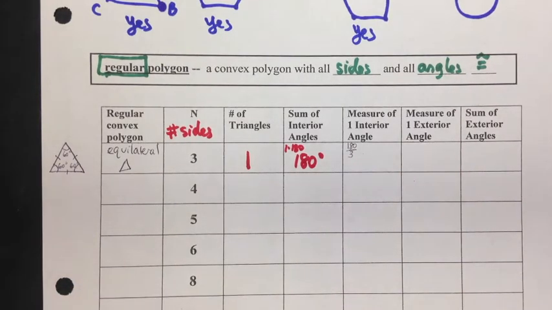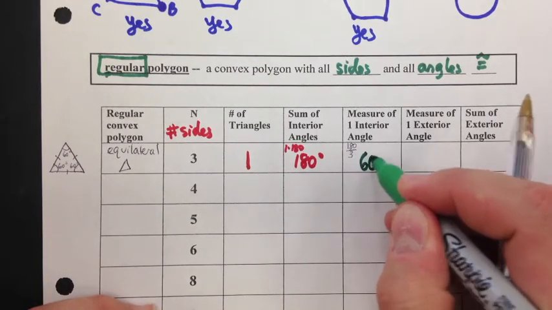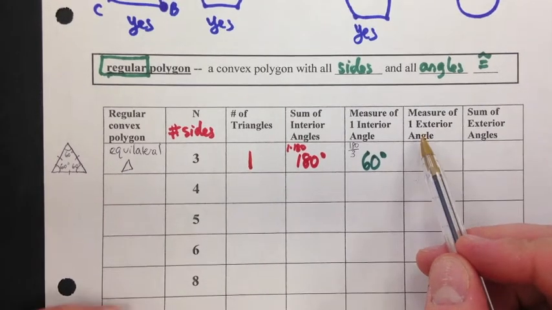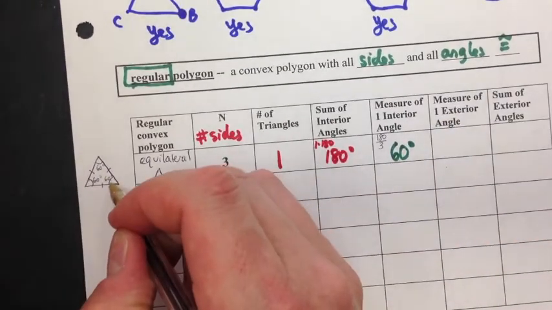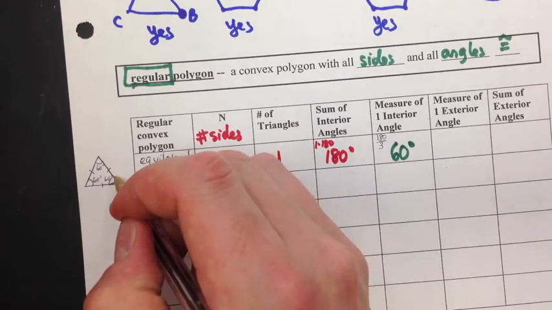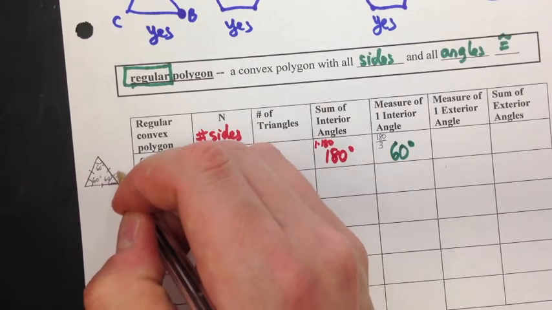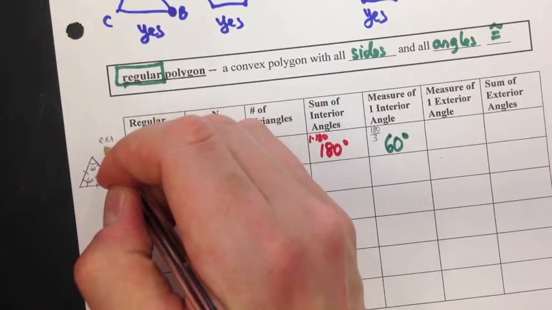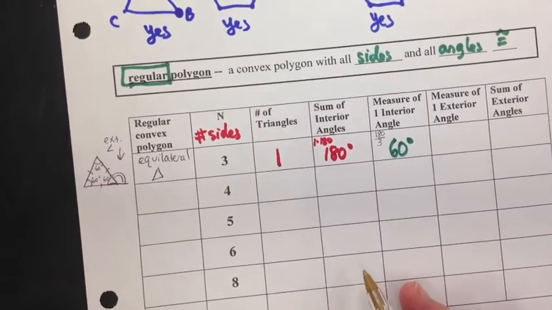Okay, I'll put that in green, 60 degrees. Now, the measure of one exterior angle. The way that I get an exterior angle is if I extend one of these sides. Okay, now that's an exterior angle. I'll put EXT, exterior angle.